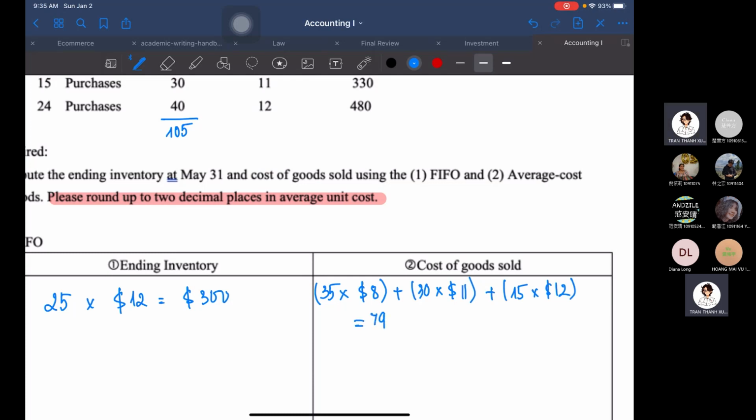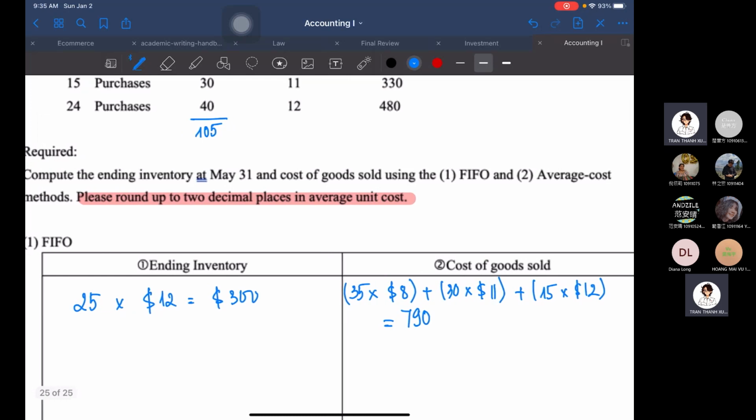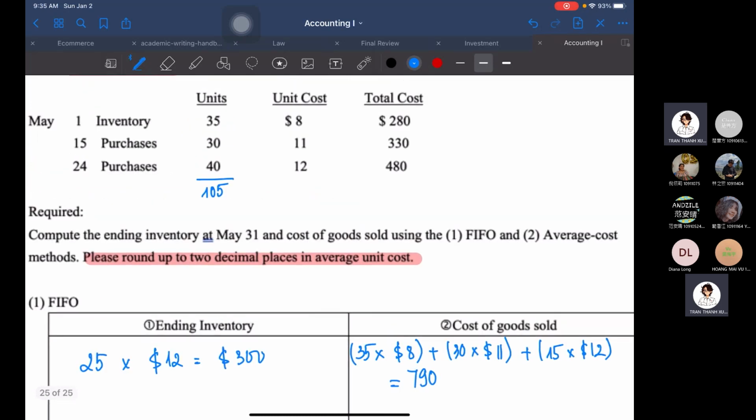That will equal 790. Is this the right answer?